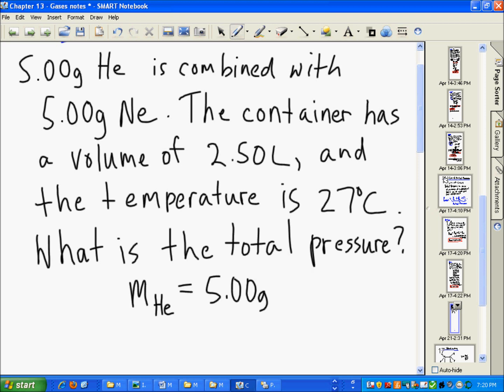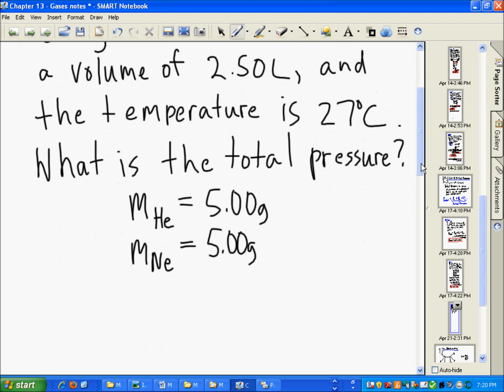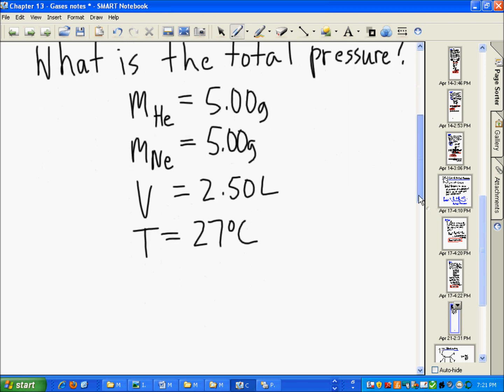And we have 5.00 grams of neon. So the mass of neon is 5.00 grams. We know the volume is 2.50 liters. And the temperature is 27 degrees Celsius. And we want to find out the total pressure.